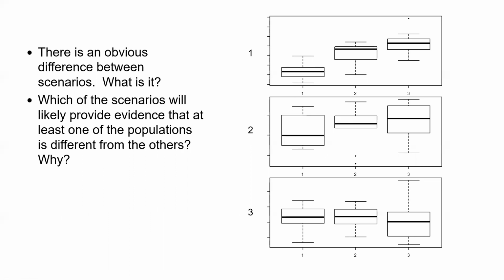Which of these do you think produced a statistically significant treatment effect? Number 1. It's pretty clear, right? So number 1, you can see that the means, in particular of this one, are different. Number 2, they're kind of different, but there's a lot of overlap. And number 3, there's really no difference.